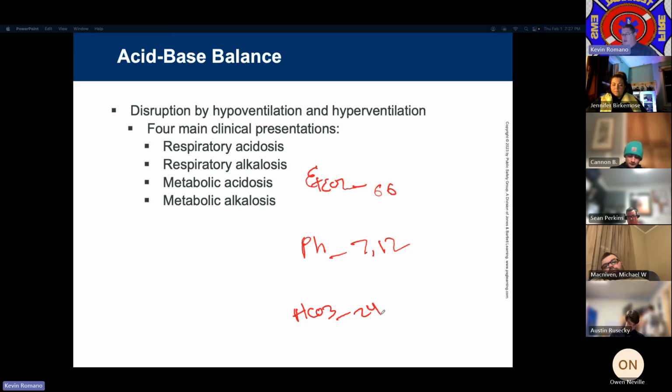What's wrong with this patient? So your end tidal is elevated, your pH is low, and this here is normal.